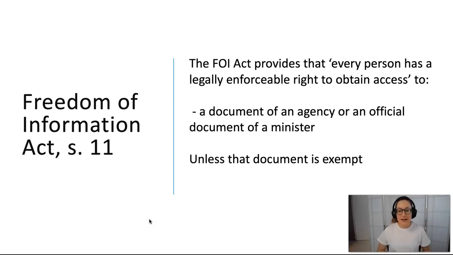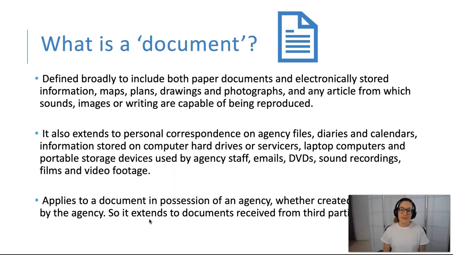So let's break this down a little bit further. We need to look at the meaning of document, the meaning of agency and minister, and the exemptions under the Act. So firstly, what is a document? This is defined broadly to include paper documents, but also electronic documents or electronic information.